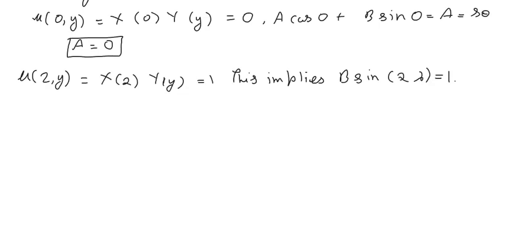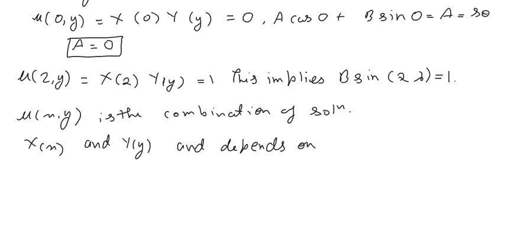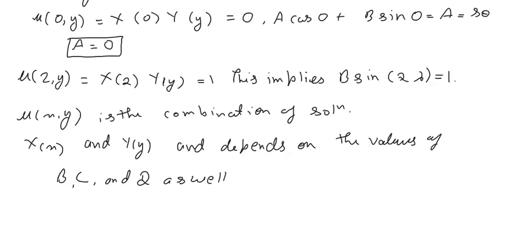To summarize the complete equation, u(x, y) is a combination of the solutions X(x) and Y(y), and it depends on the values of B, C and D, as well as lambda.